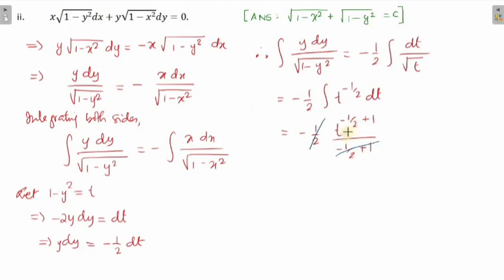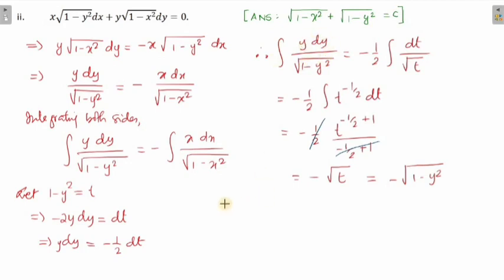So this is t to the power half, that is root over t, isn't it? So I'll write this as minus root over t. What is t actually? T is 1 minus y square. So this is the value of this particular integral.